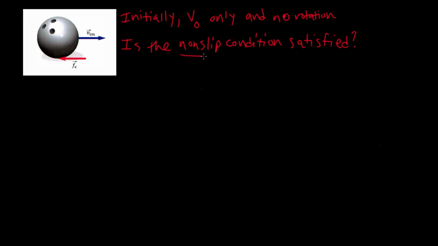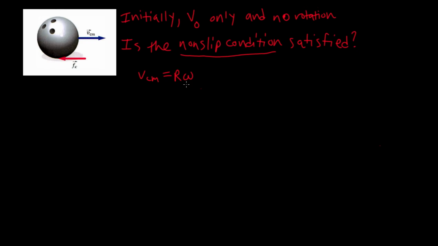The non-slip condition is just a condition that has to be met in order for an object to roll without slipping. The actual non-slip condition is this: the velocity of the center of mass of the object is equal to the radius of the object times its angular speed.